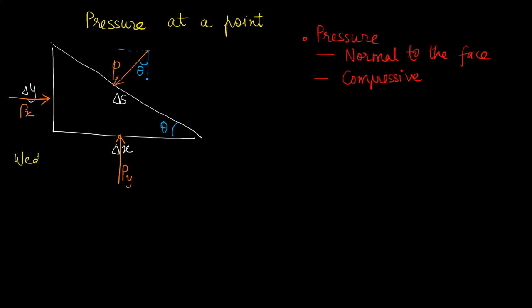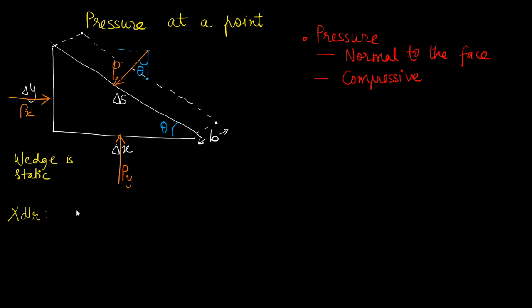So the wedge is static. So, x direction force balance. Because we are considering a two-dimensional object, the width into the paper can be assumed to be b. So b is the width into the plane. We could have also chosen it to be 1. It makes no difference.